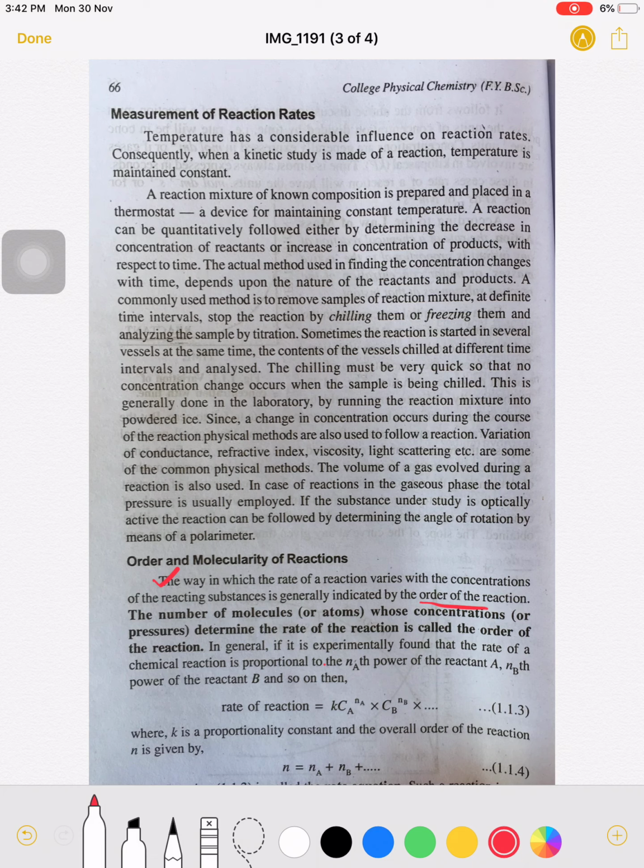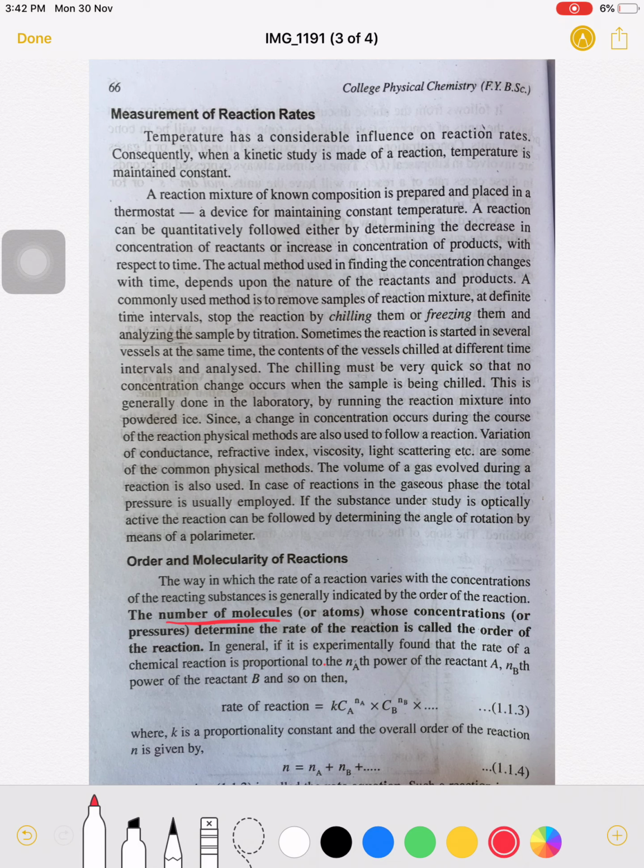How the rate varies with the change in concentration is indicated in terms of order of reaction. Now see here, what is the definition of order of reaction? The number of molecules or atoms whose concentration, if it is liquid and solid it is concentration, if it is gaseous it is pressure.